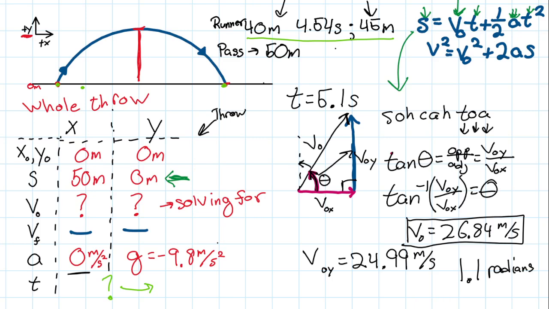It'll look something close to this. So clearly 1.1, if you get that, that's in radians. And remember, there are 2 pi radians in 360 degrees is one way to do the conversion. Or you can just change your calculator to show degrees. And I think you get like 69.9 degrees, 70 degrees, something like that.